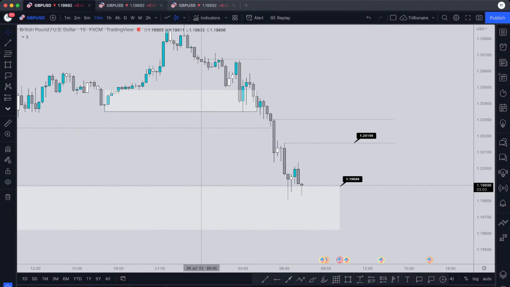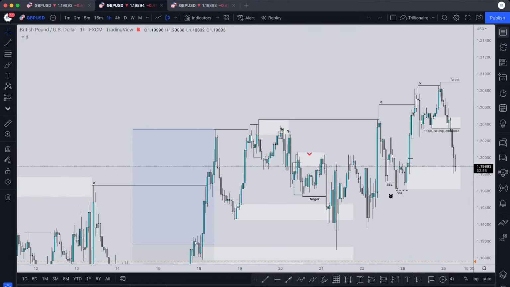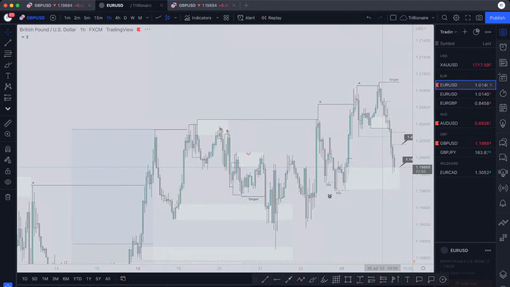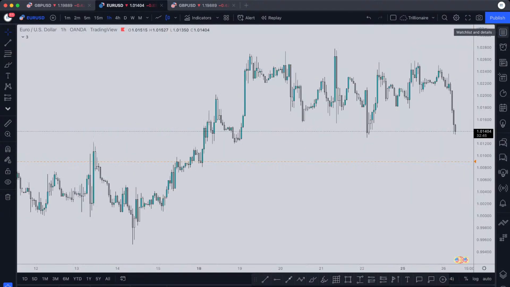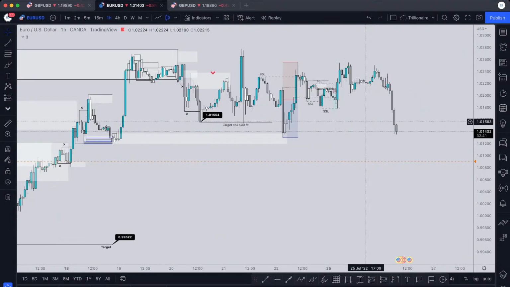Next, let's look at EURUSD. Almost time to clear the chart, it looks like.